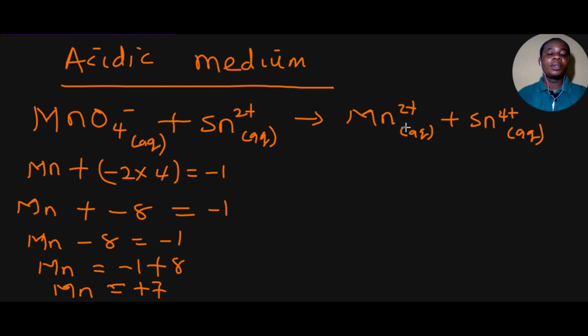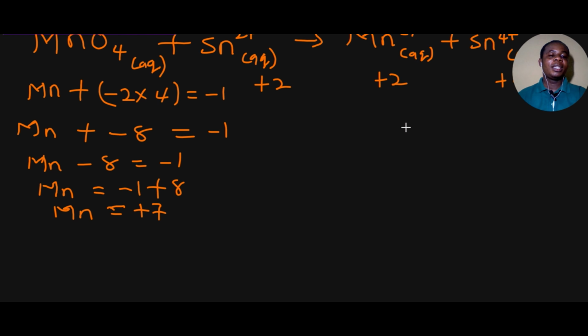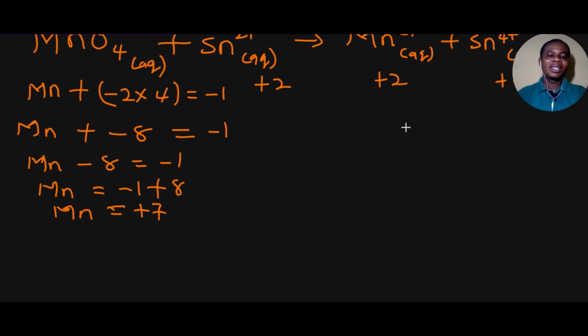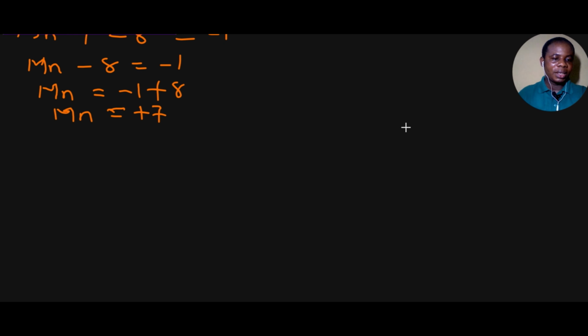So let's check that of tin. This is already 2 because of the charge on it, +2. This is +2 and this is +4. So that shows manganese is going from permanganate +7 to manganese +2. Is that reduction or oxidation? It's definitely reduction because there's a decrease in oxidation number. So let's write it.